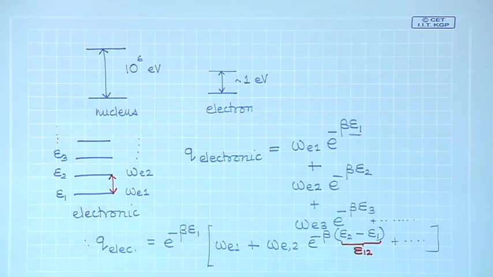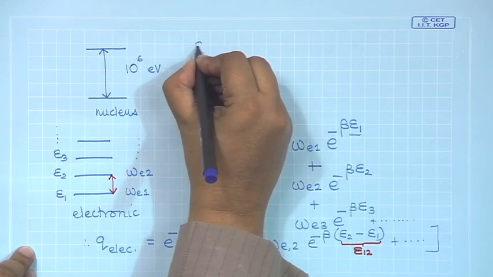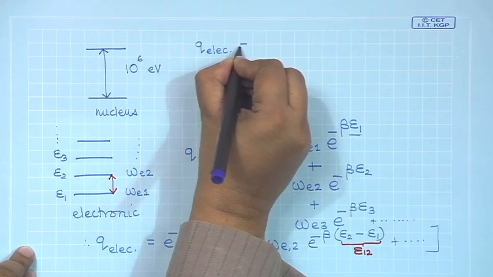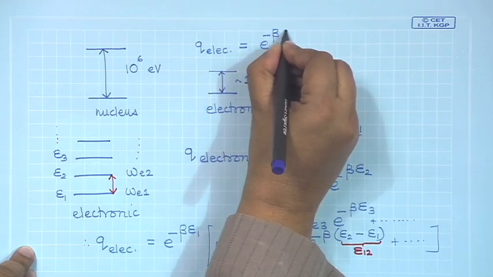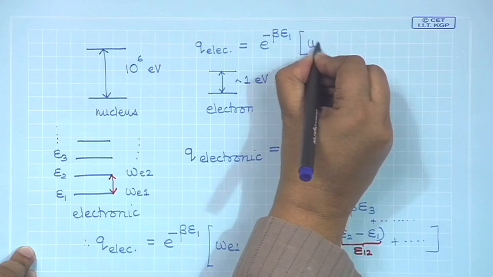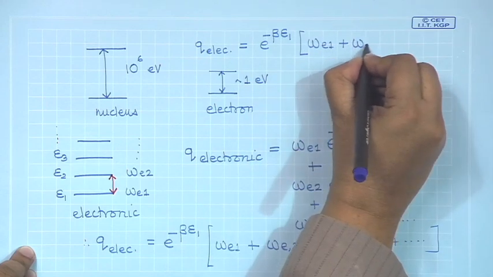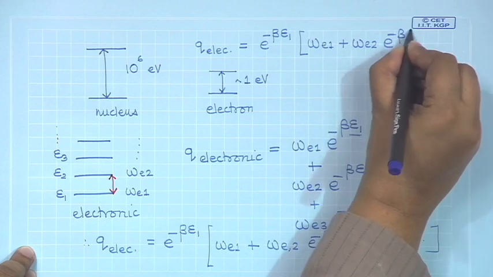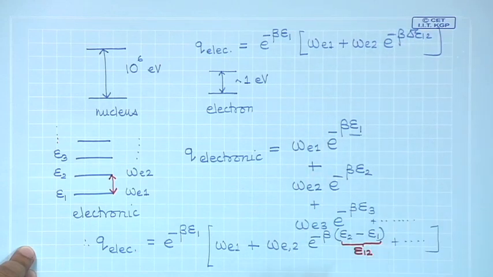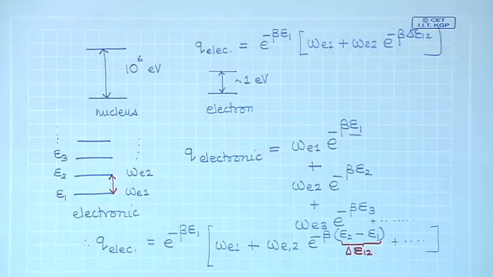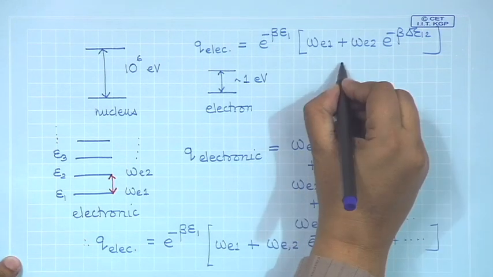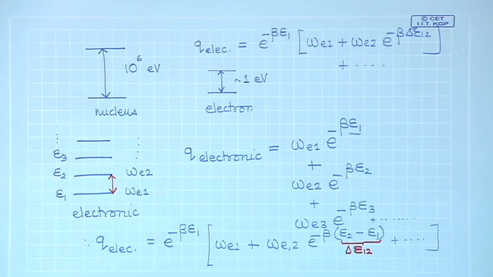If that is so, then I can write that q electronic is e to the power of minus beta epsilon 1 into omega E1 plus omega E2 into e to the power of minus beta delta epsilon 1 2. I am using a delta sign over here, indicating that this is the energy difference between the levels 1 and 2 in the electronic energy. The higher order terms are neglected simply because they are unimportant when multiplied with beta.